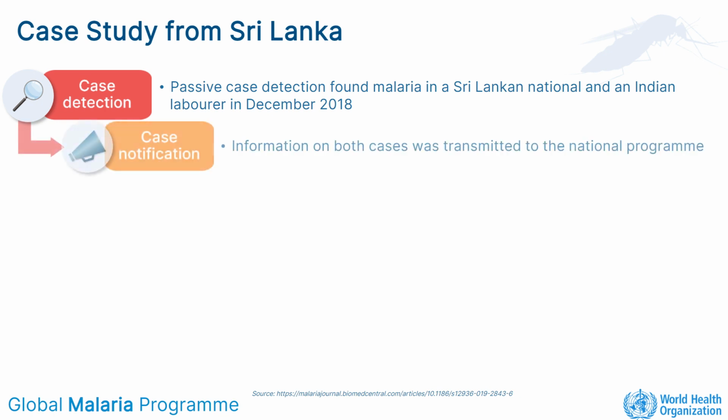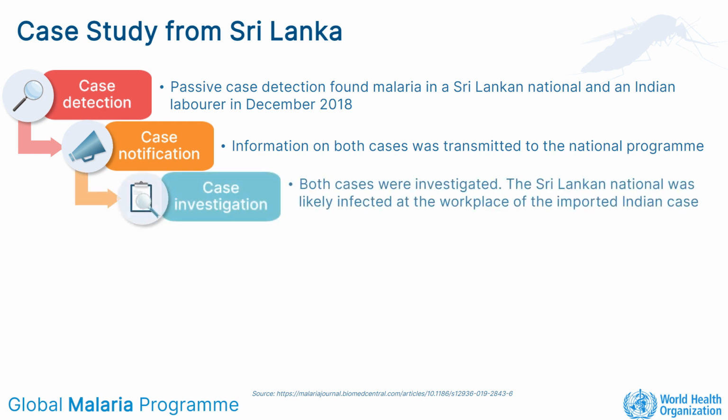Both cases were notified to the Sri Lankan National Malaria Program, the anti-malaria campaign, within 24 hours, and the program responded immediately. Both cases were investigated. The Indian national was found to have an imported case of malaria, as his symptoms started about 1 month after arriving in Sri Lanka.